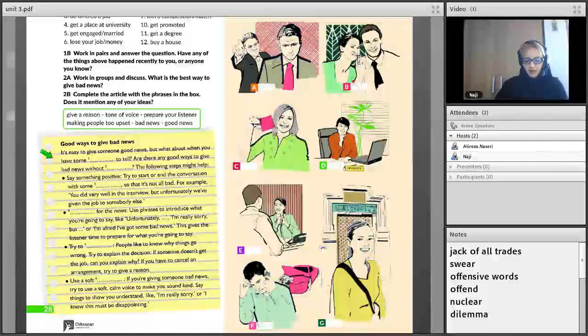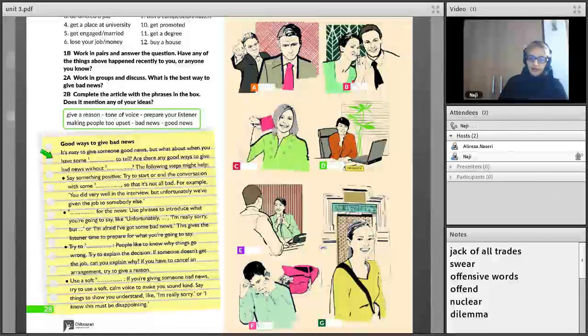Okay, number 5. Good news is that she got a place at a university. Bad news is that she has to leave the house and go to the university. Number 6, she got promoted is the good news. But bad news is that she has to cancel their vacation because she has to work.